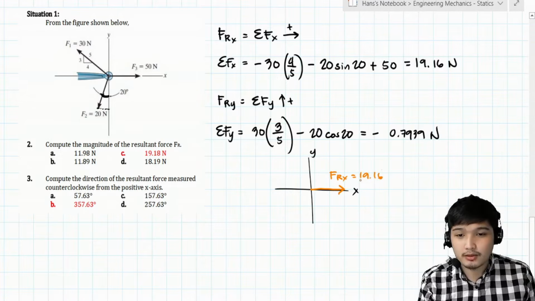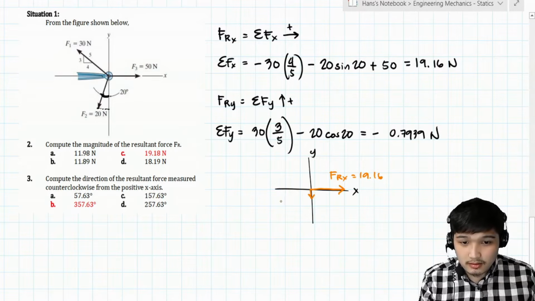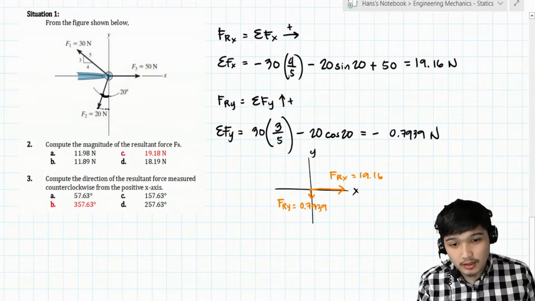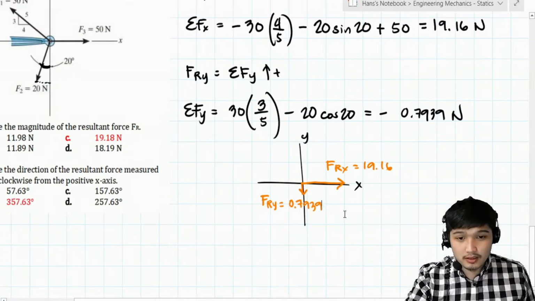And then, yung FRY is negative, no? And then, sobrang liit lang niya, 0.7939. So, let's say ito siya. Maiksi lang. Okay, so, this one is yung FRY na 0.7939. So, hindi ko na nalalagay class yung negative kasi na-consider ko naman siya sa direction.